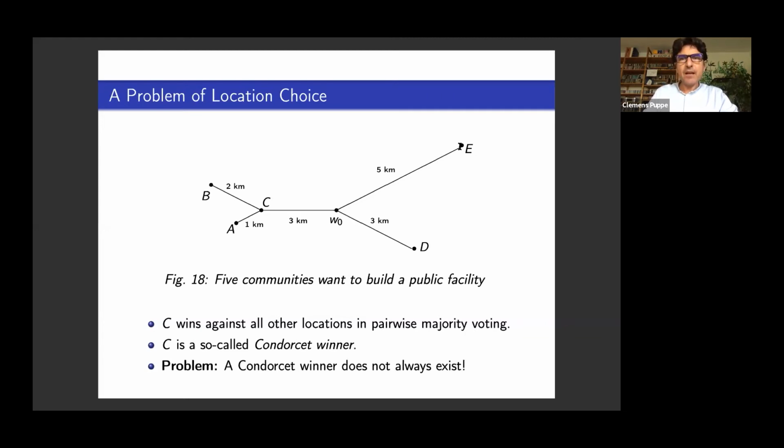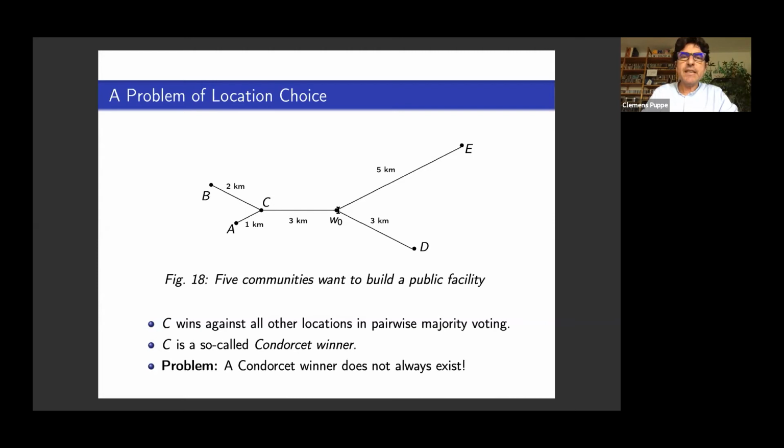This graph that connects A, B, C, D, and E is simply the net of roads that connects these communities. And actually at W0, there is simply, how do you call that? When the way splits in one or the other direction.